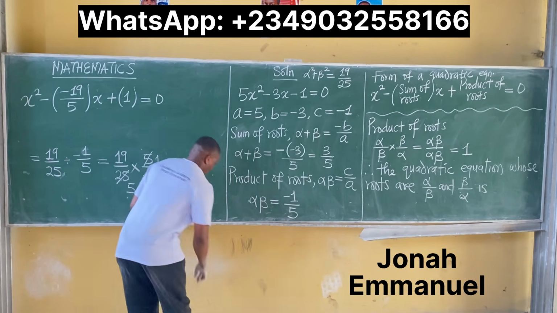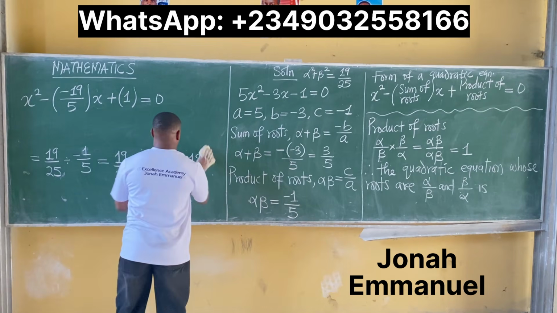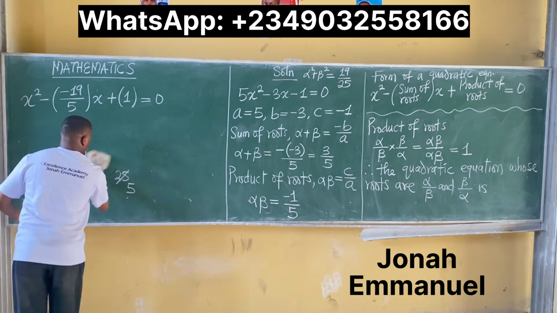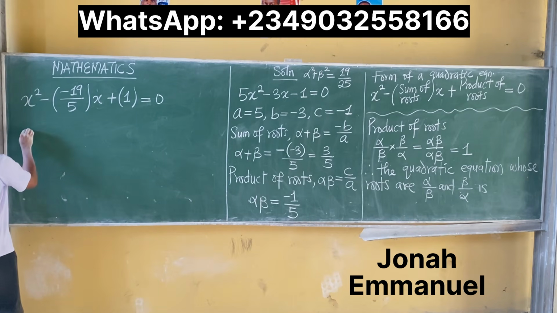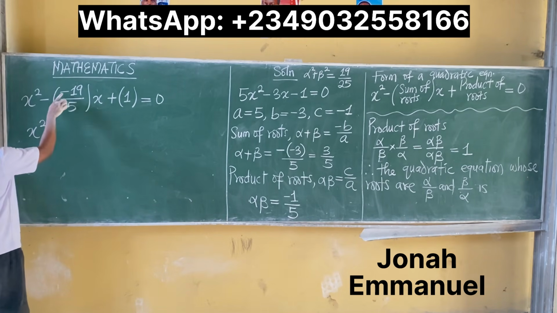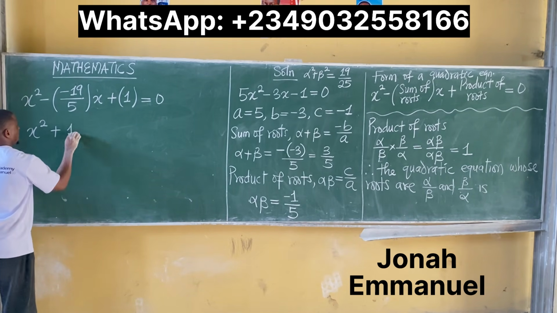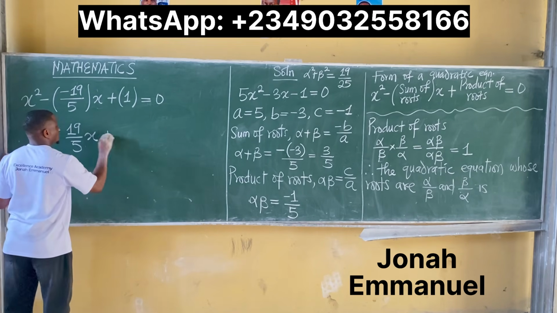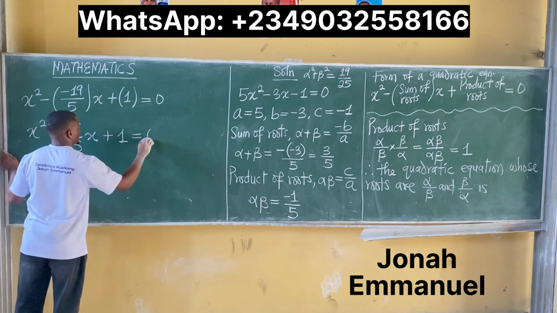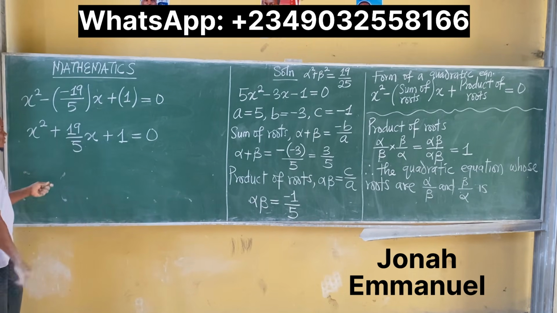So let's solve this. This becomes x squared plus 19 over 5 x plus 1 is equal to 0. So here's my answer. But whenever you have a denominator, what you do is multiply through by the denominator.